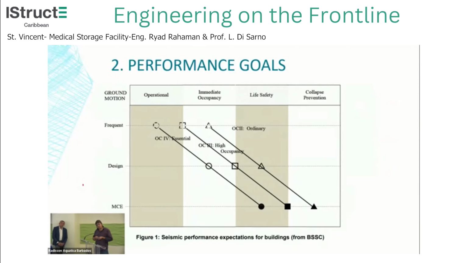You would think, well, occupancy category 4, excellent, it must be operational if you follow the code. Not so. The expected behavior for occupancy category 4, even for your maximum considered earthquake, is only life safety. Collapse prevention, life safety, plenty of damage still, right?